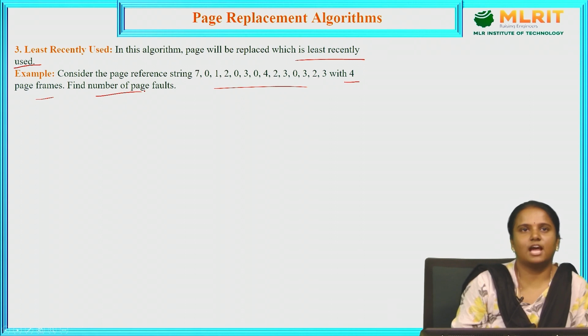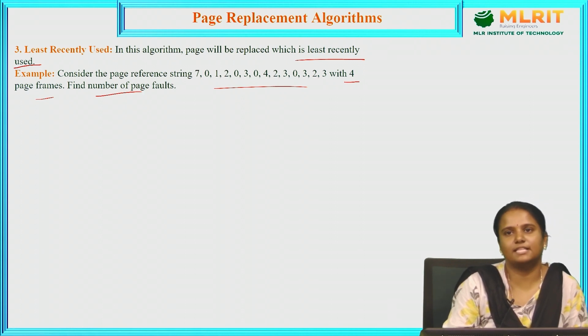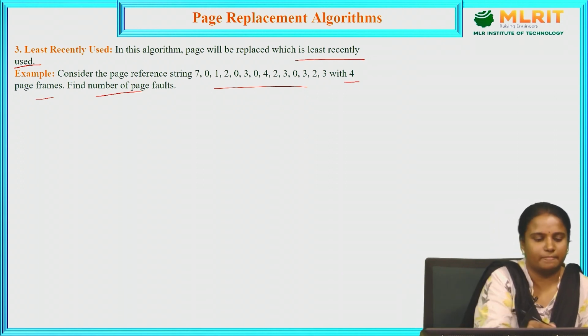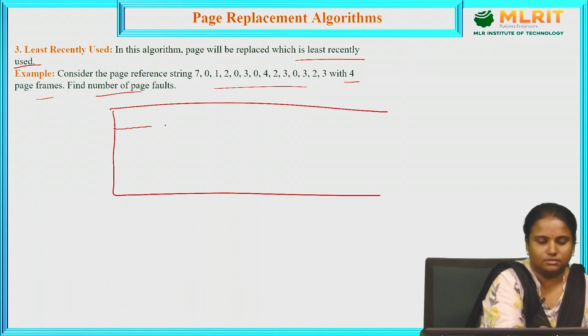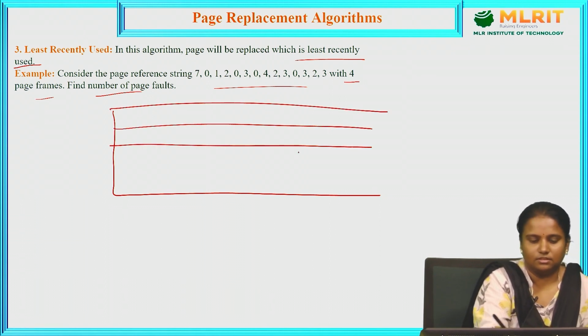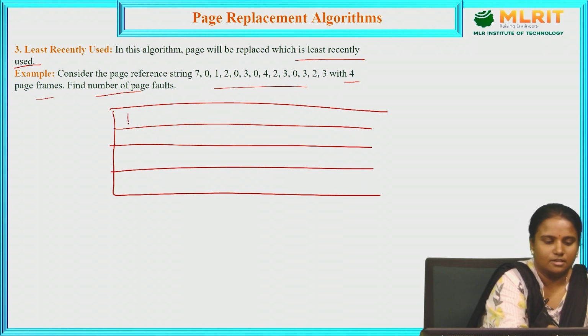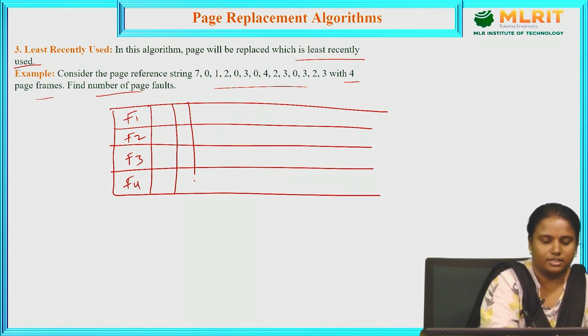As we have seen in the optimal page replacement algorithm with 4 frames, here also we are going to see with 4 frames. So consider 4 frames F1, F2, F3 and F4.